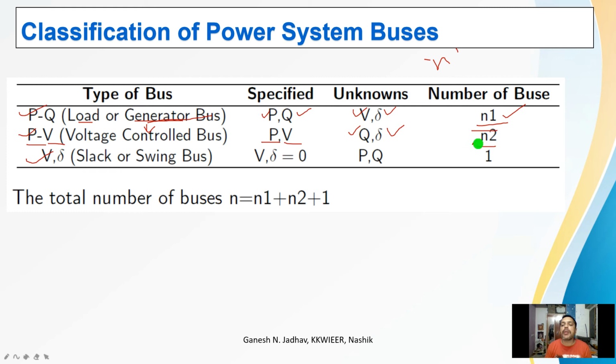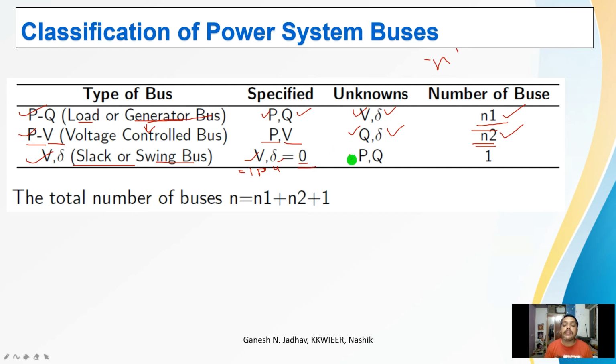Suppose there are n2 such buses in the n-bus system. We have to take one bus as the reference for all the calculations, and that is known as the slack bus or swing bus. What is the slack bus? Its voltage angle delta is equal to 0, and the voltage is generally taken as 1 pu, because it is a reference bus.